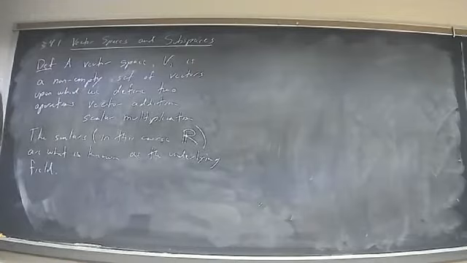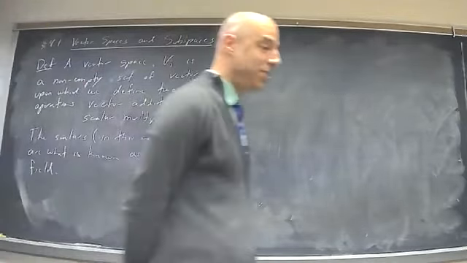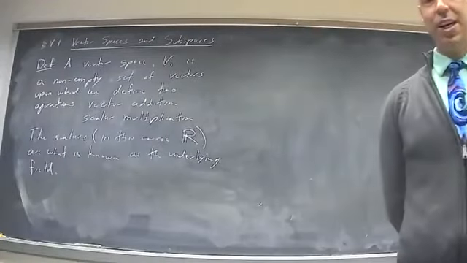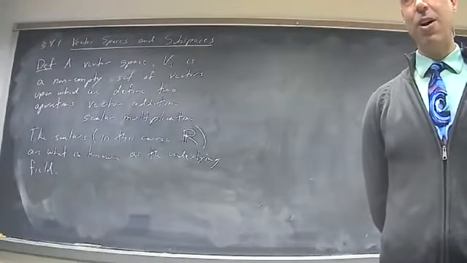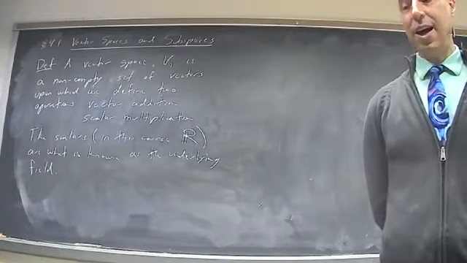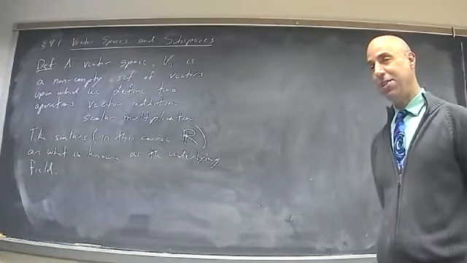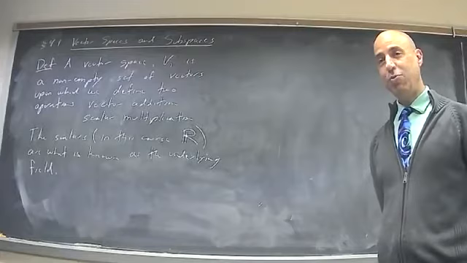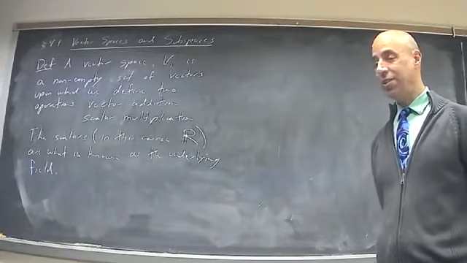If the idea of what a field is is not making sense to you right now, it's because it shouldn't, unless you've already taken Math 360 abstract algebra, which it's hard to believe that you'd want to take abstract algebra before you take linear algebra.